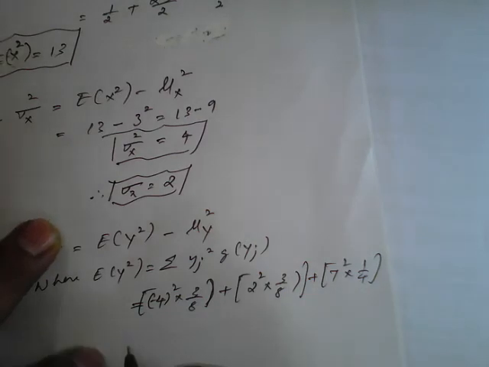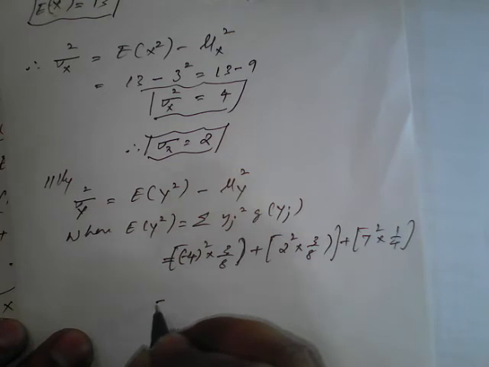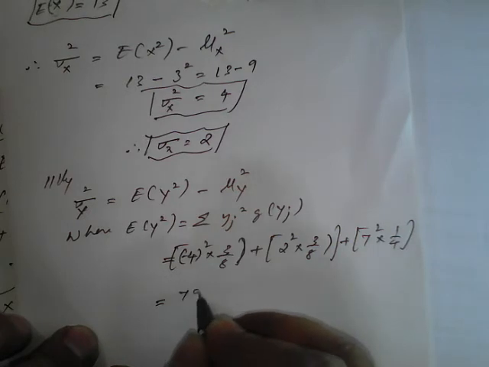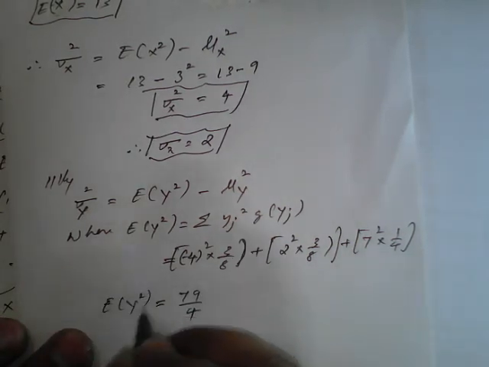On simplification we get 79 upon 4, that is expectation of y square.